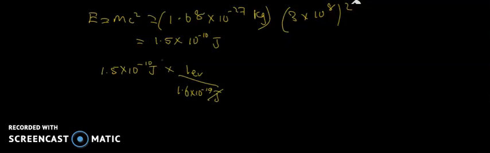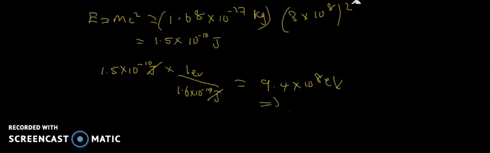Of course, we cancel joules, and when we multiply these together, we'll have 9.4 times 10 to the power 8 electron volt.